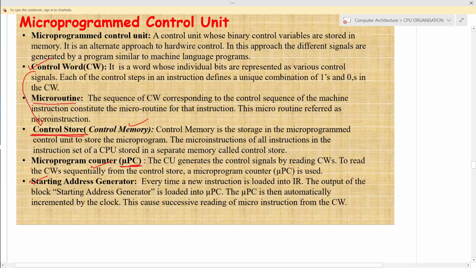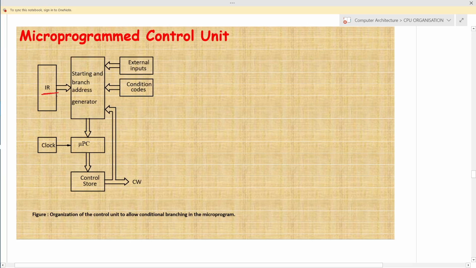This is the block diagram for the microprogram control unit where the instruction is fetched and is available at the IR. The number of bits represented by the IR we have already discussed during the hardware control unit. We find the starting address from the IR, and then the micro PC, which needs the starting address, will accordingly fetch the control word from the control store.